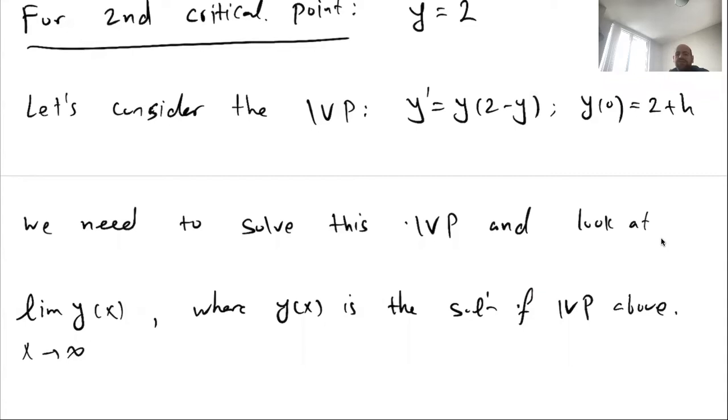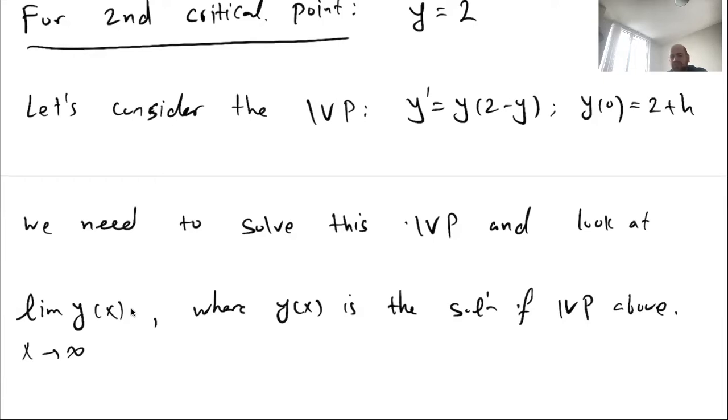If this limit remains 2, because we know that if the initial condition is exactly 2, then the limit will be 2, because y equals 2 is a critical point. Now the question is, if we slightly change the initial condition, let's say instead of 2, I say 2.00001, is the limit still 2? In that case, we would say y equals 2 is stable.